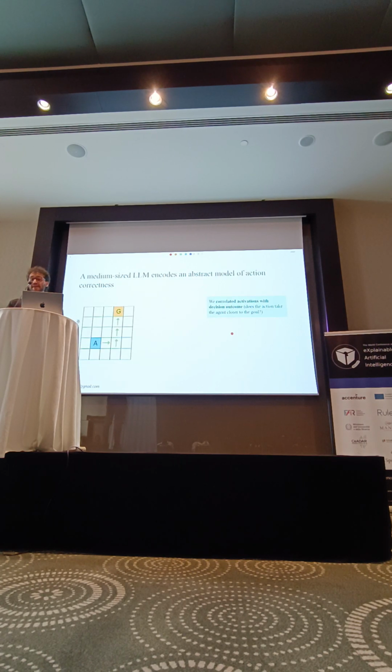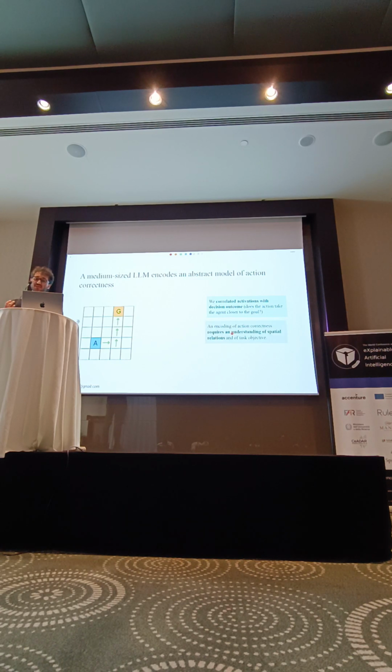And so next, we looked at whether units were also correlated with the decision outcome. So basically, we looked at whether the action takes the agent closer to the goal or if it doesn't. And we looked for units that were correlated with this information.